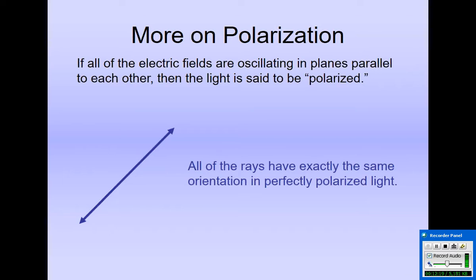So I just picked an orientation from the previous slide. Perhaps all of the electric fields that enter your eye have oscillations from the lower left to the upper right and back again. If all of them have the same orientation, it's polarized. I don't care what that orientation is relative to the vertical. As long as they're all the same orientation, they are polarized.